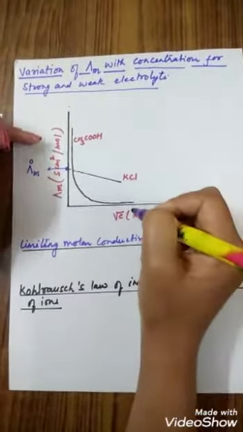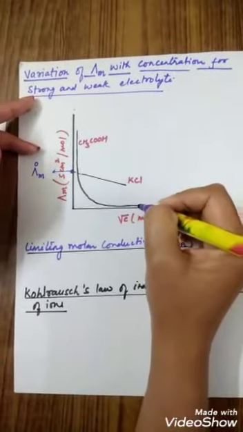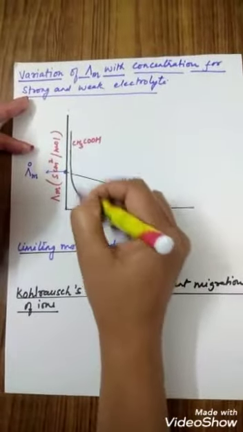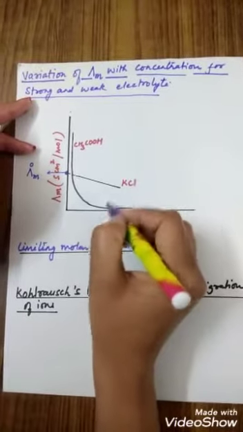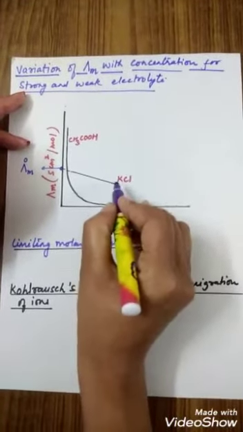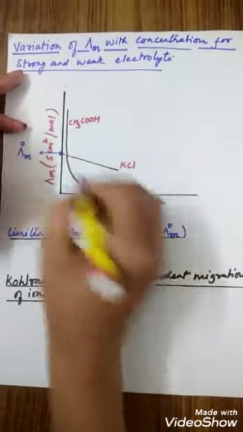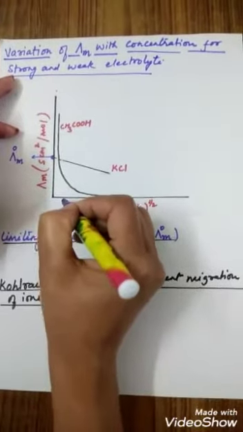But for weak electrolyte, the molar conductivity is increasing steeply, especially at lower concentration. So this is a big difference: there is less increment for strong electrolyte and there is sharp, steep increment for weak electrolyte, especially at lower concentration.